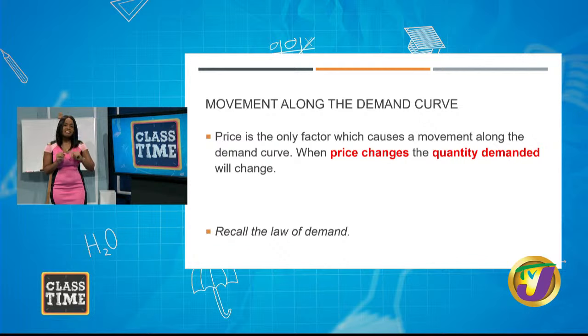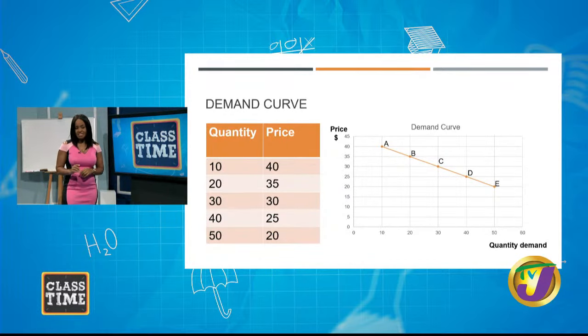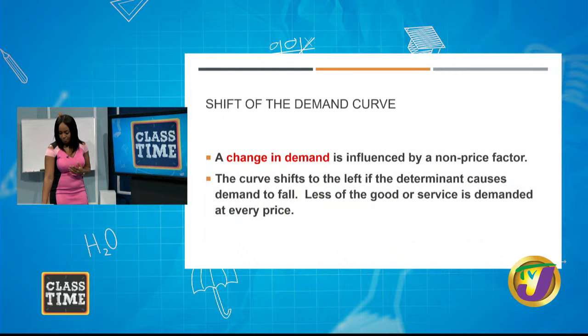And I'm emphasizing this because there are always some little tricky questions on your exam that ask you about the demand curve and what causes a change in demand. But a change in demand is not caused by a change in price. A change in quantity demanded is caused by a change in price. Demand changes when there is a change in a non-price factor, such as income, the ones I mentioned before.